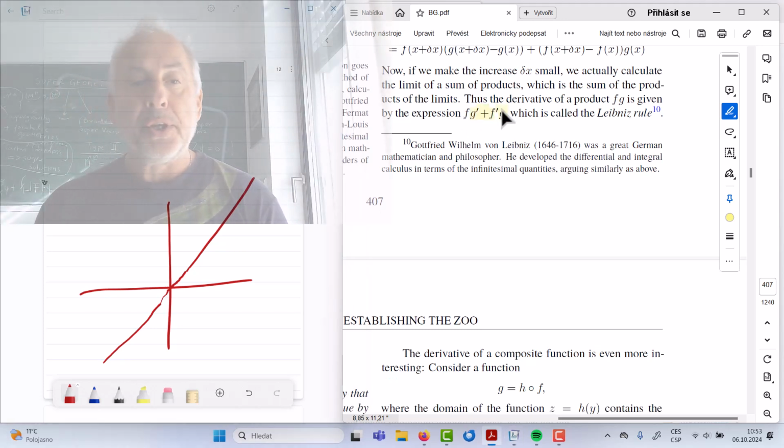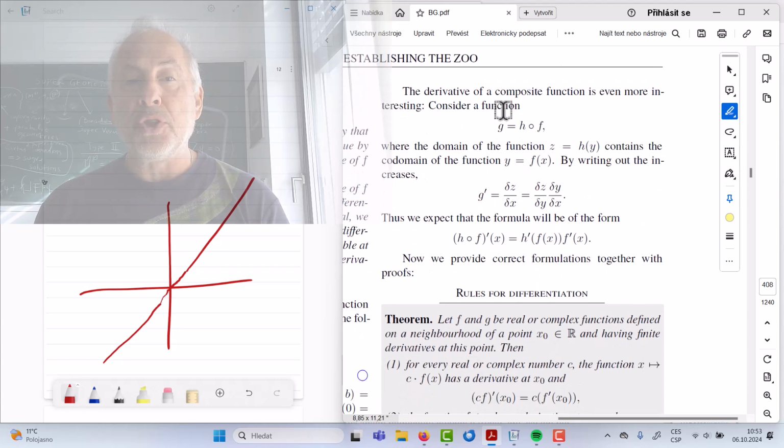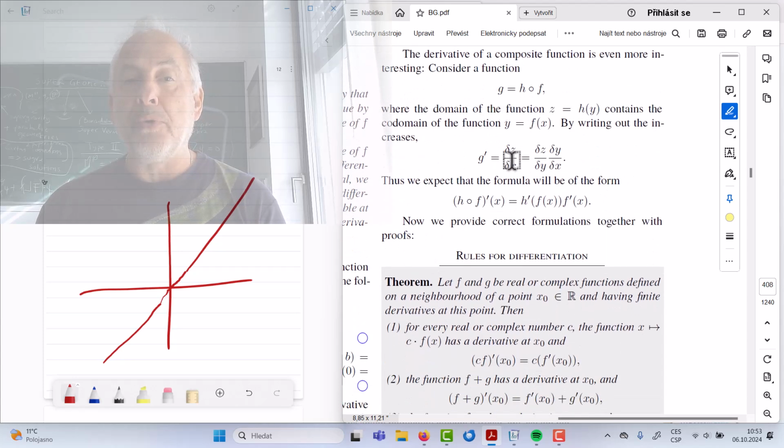Very nice. And for composition it's even easier. So if you imagine how it is, so the fraction can be improved by cancelling the change of y, and you will get that it's just what we want, right? So this is how we compute.